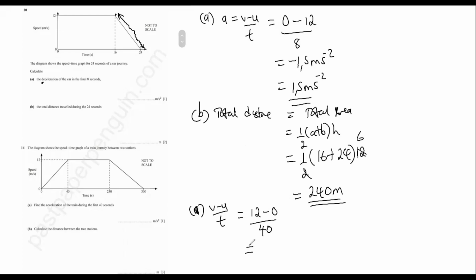So we get 12 over 40. We get 0.3. Okay, so it's 0.3 meters per second squared, right? Okay. Yes, thank you.